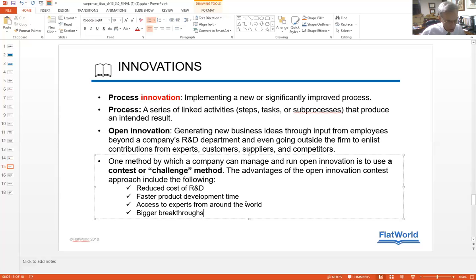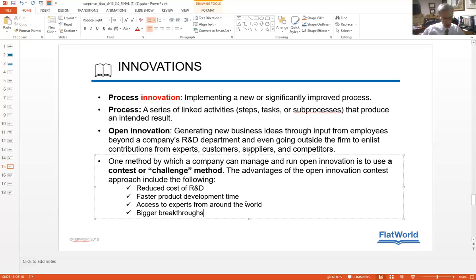And one is to have a contest where some particular process, some improvement of a particular type is spelled out in specifications, and $1 million is made available to the first engineer that can come up with that.